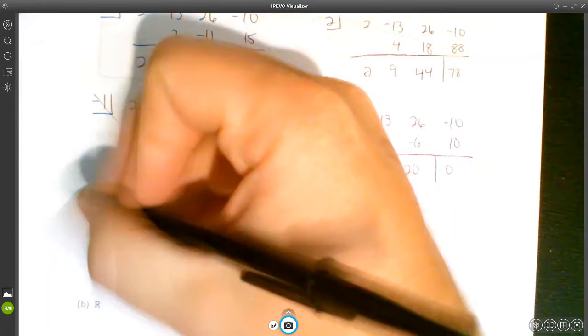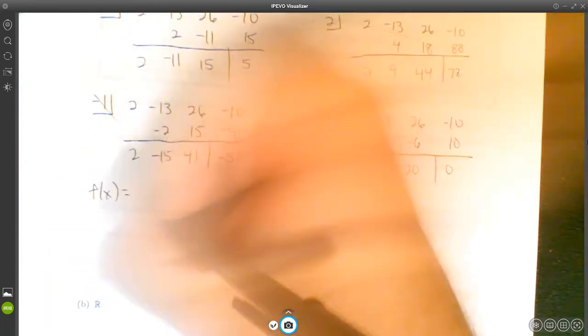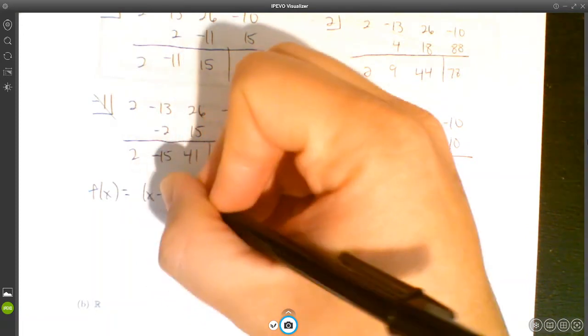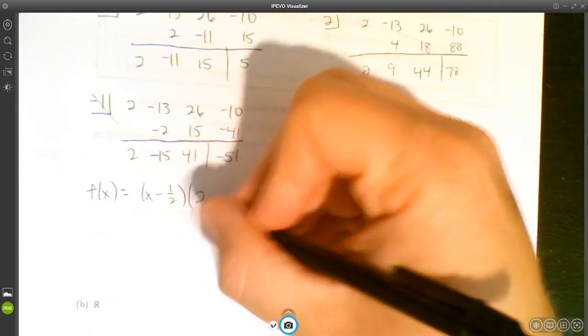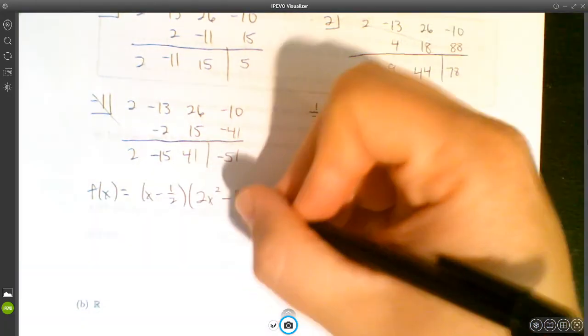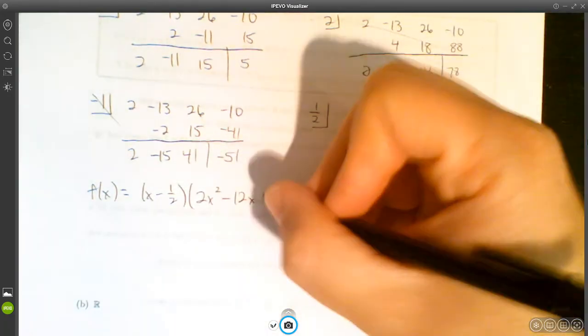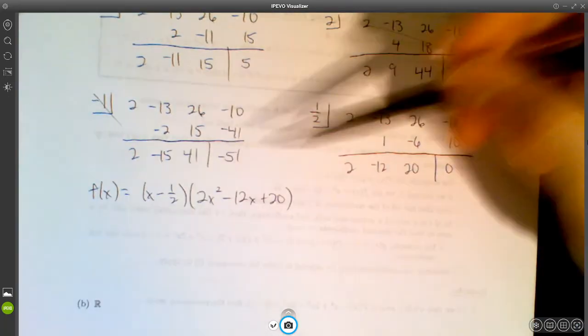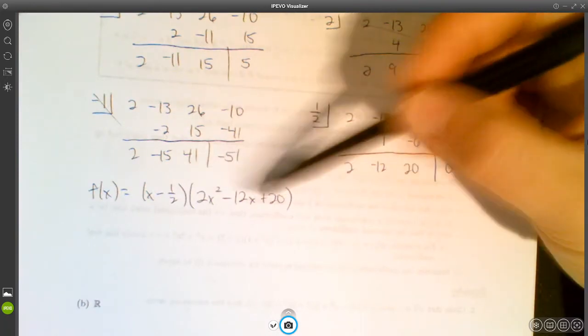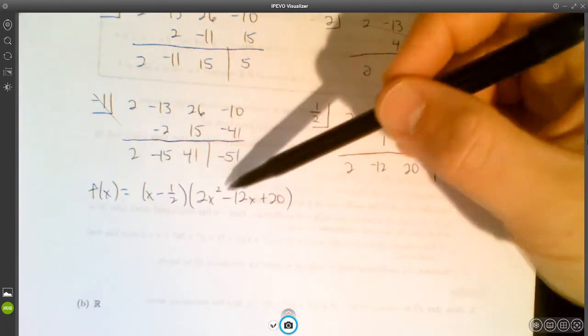So let's see now. F of x. I know that 1/2 is a zero, so I can take out x minus 1/2, and I'm left with a 2x squared minus 12x plus 20. I noticed that this factor has a 2 in common, like I can factor out a 2.